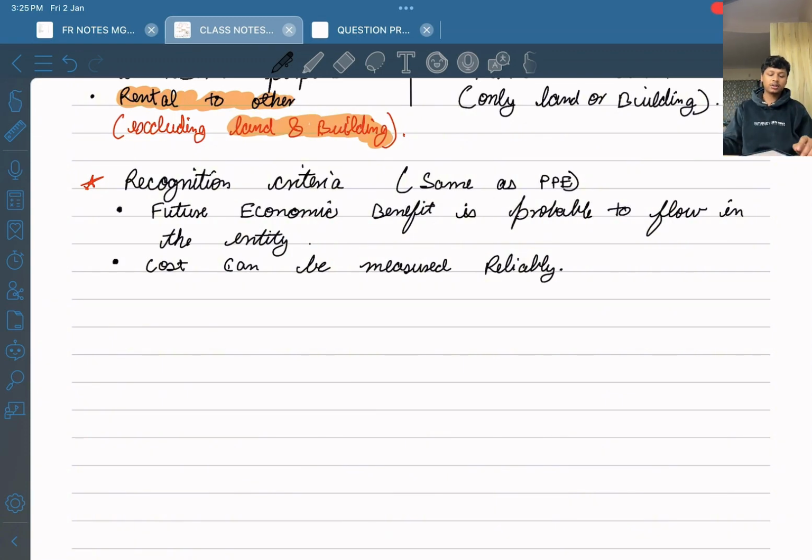So this is the condition for recognition criteria for investment property and property, plant and equipment.